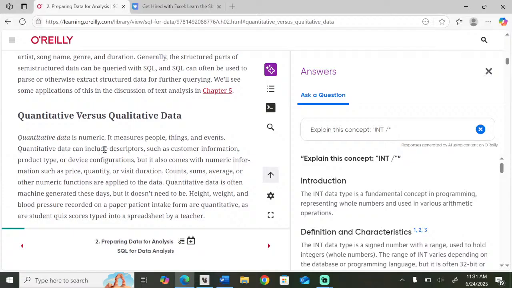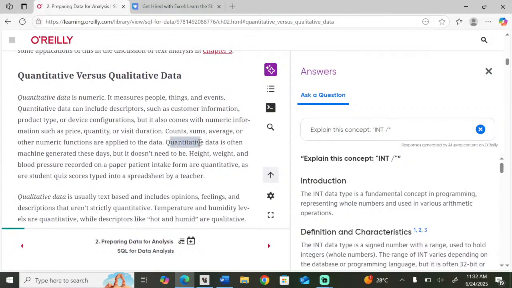Quantitative data can include descriptors such as customer information, product type, or device configuration, but it also comes with numeric information such as prices, quantity, or visit durations: count, sum, average, or other numeric functions. From the word quantity, it deals with numbers. It counts, sums, averages. That is what we call quantitative analysis.